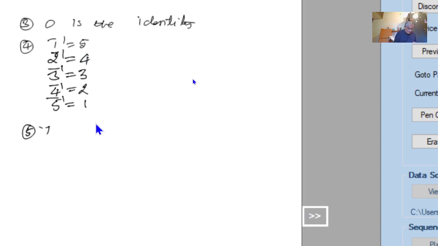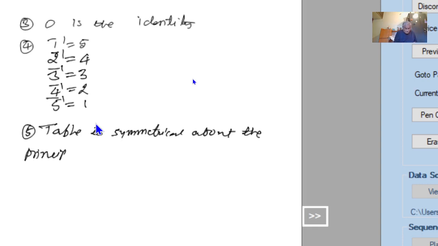And next, table is symmetrical about the principal diagonal. What this implies here is commutative law holds.